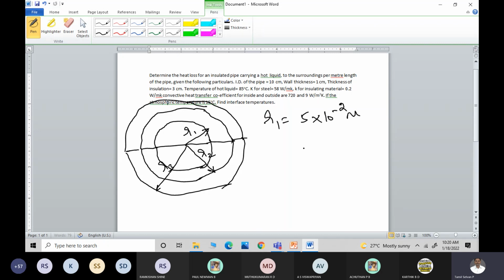Am I correct, ma? Yes, sir. And wall thickness is 1 centimeter. So 10 plus 1, 11 centimeter. R2 is equal to 10 plus 1 divided by 2. Won't it be 10 plus 2 because it'll be the diameter, right?